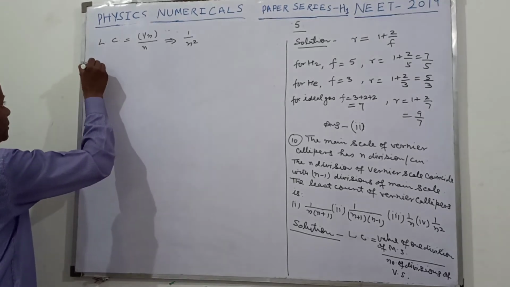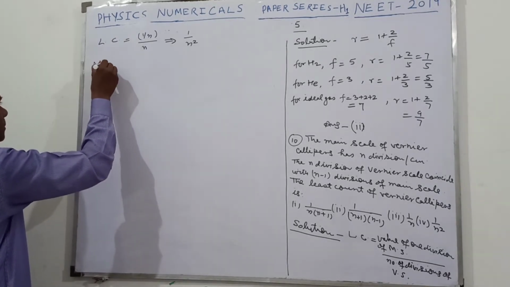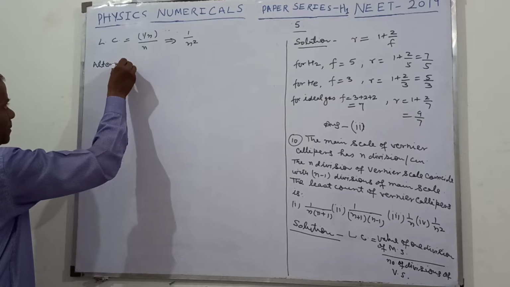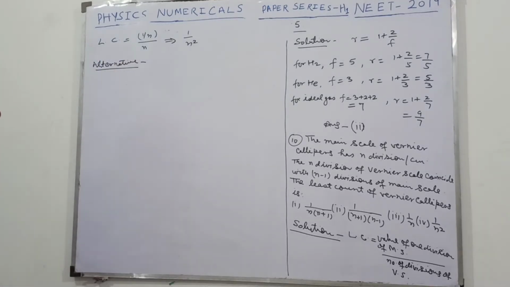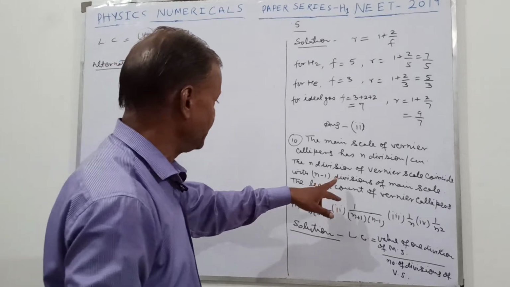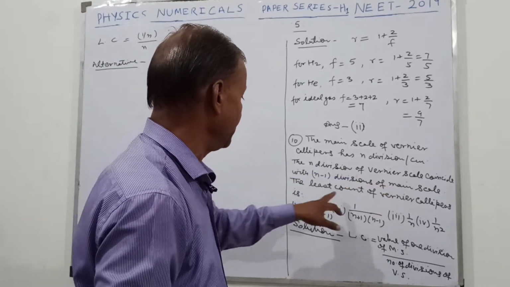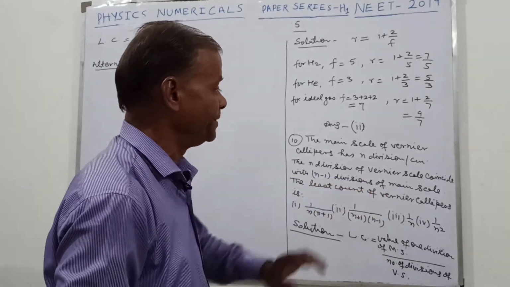Now its alternative is what? This is given that n divisions of the vernier scale equal n minus 1 divisions of the main scale.